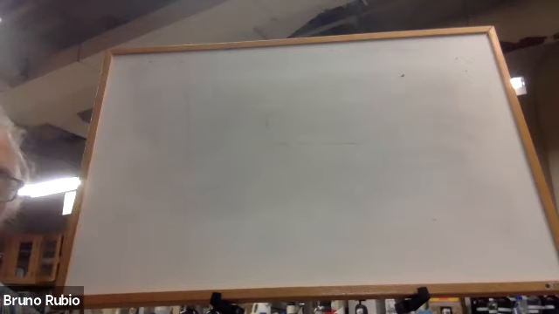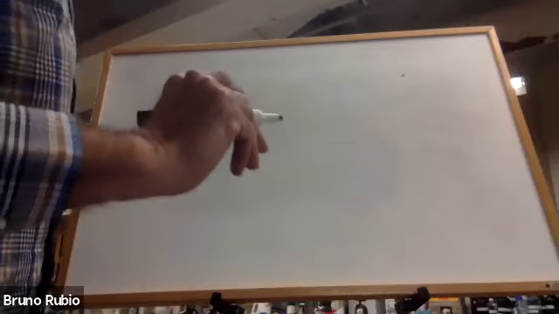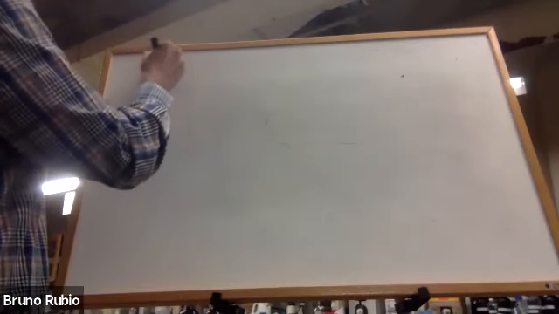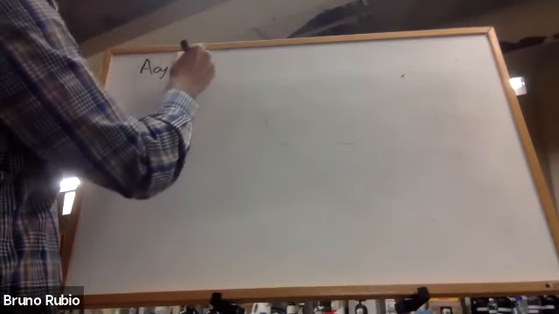All right, so last time we started introducing the topic of acyl substitution, and the thing you really want to focus on is, remember, you're looking for a carbonyl carbon.